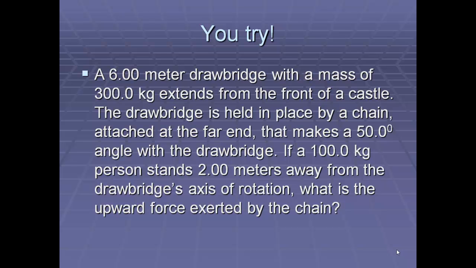The key here, again, much like the previous problem with the cow and the diving board, is that we have one object, in this case the chain, exerting all of the upward torque in the system. We have a downward torque being exerted by both the person and the drawbridge's own weight. Try to solve this problem yourself, and then move forward with the answer when you're ready.